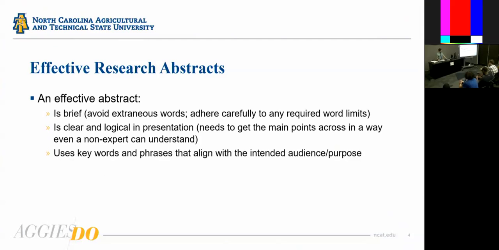You want to make sure you're using keywords and phrases that align with your intended audience and purpose. Now that applies to some extent with any piece of writing, but what I mean in the context of an abstract is this. If, for instance, you want to be focused on a certain subarea in your field of study, you want to use those buzzwords that are big in your field so that other researchers looking at the abstract will see it and say, oh, I know what this is connected to.